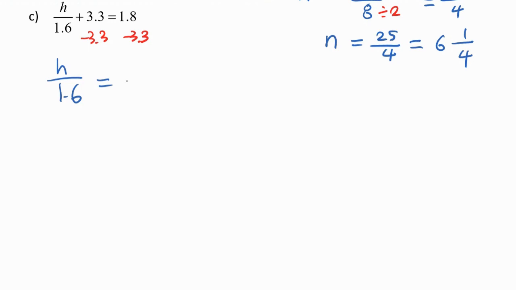Then that will be negative 1.5. Alright, to isolate h, we're going to multiply 1.6 on both sides. Okay, and I want you to put this into your calculator. Then your answer will be negative 2.4.